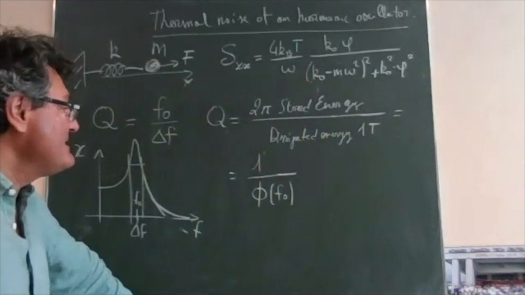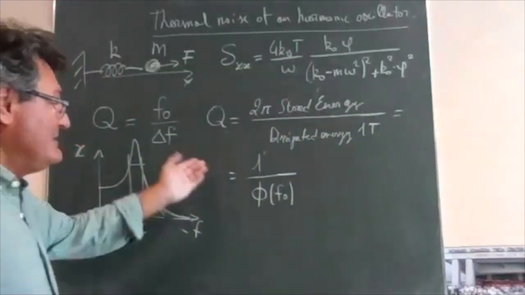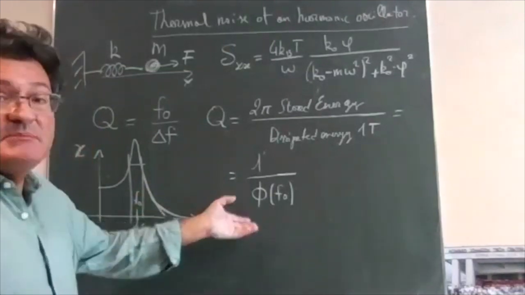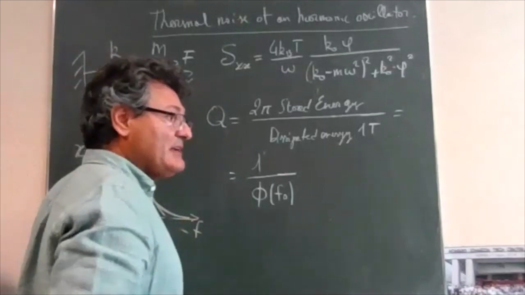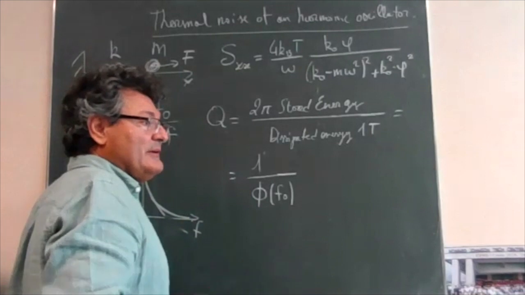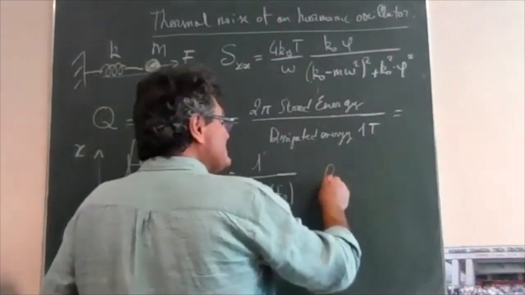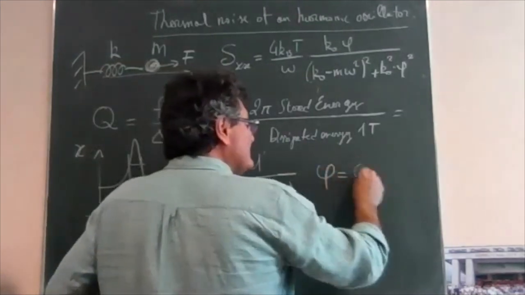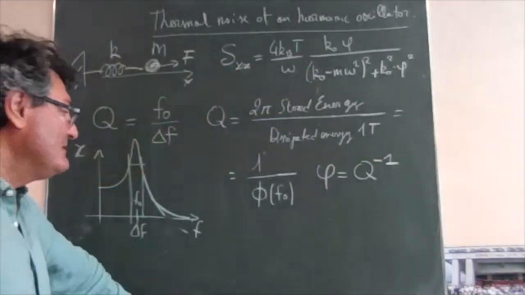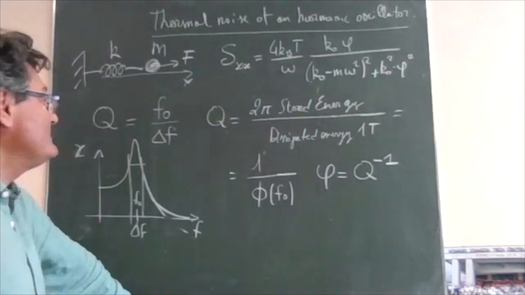Okay, and this is kind of nice. It's a simple relation, and in fact, sometimes in some textbooks or articles, the loss angle is written as Q to the minus 1. It's kind of important to say when you read the literature.